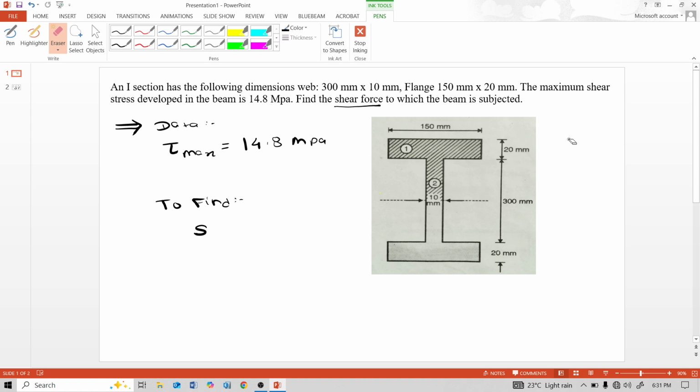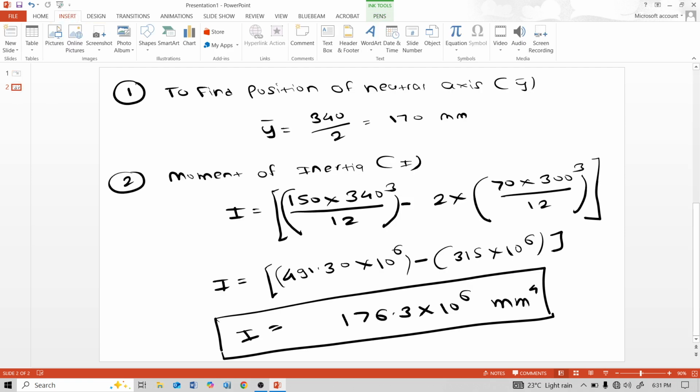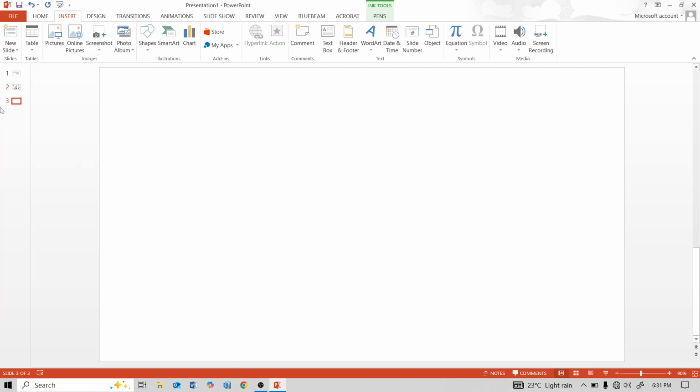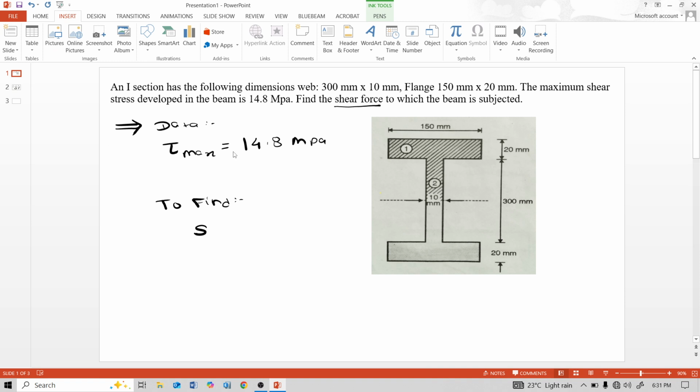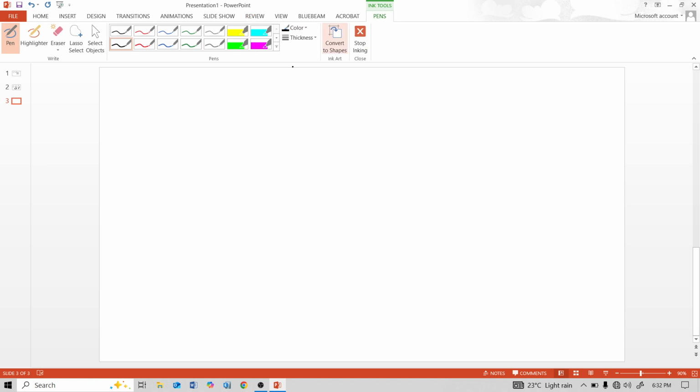Now we have to find shear force, and in the numerical they have given us tau maximum, the shear stress at maximum, that means shear stress at the neutral axis. So for finding shear force, use this formula. Shear stress is equal to shear force multiplied by area multiplied by centroidal distance divided by width into moment of inertia.